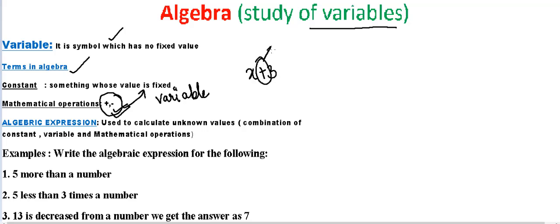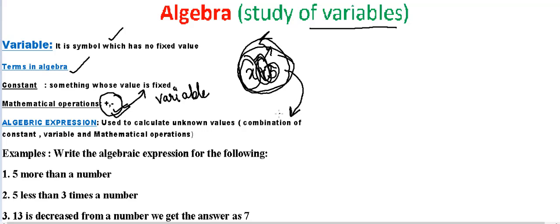This plus is a mathematical operation. Without defining any operation, we can't say it is an algebraic expression. So the combination of a variable, a constant, and a mathematical operation forms an algebraic expression.